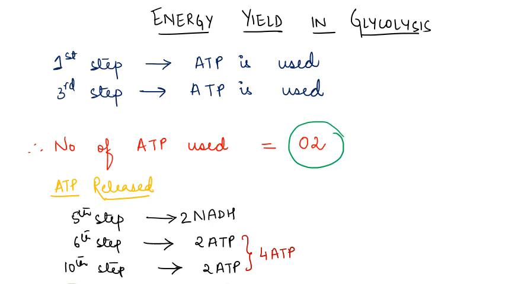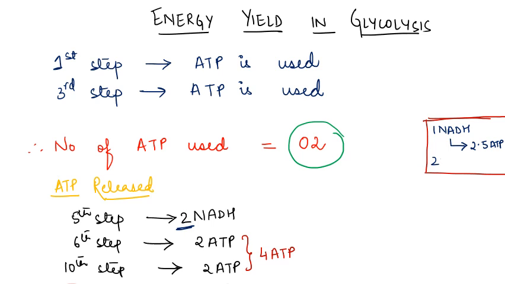And from NADH, 1 NADH releases how many ATP? It releases 2.5 ATP, right? Now here we have 2 NADH.